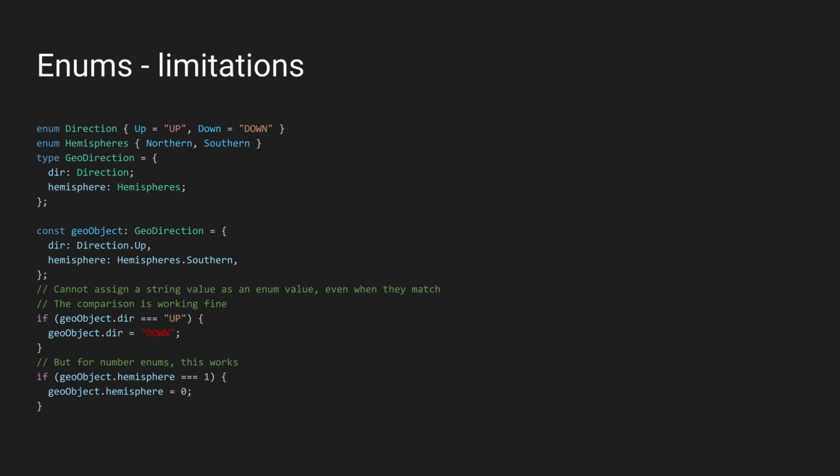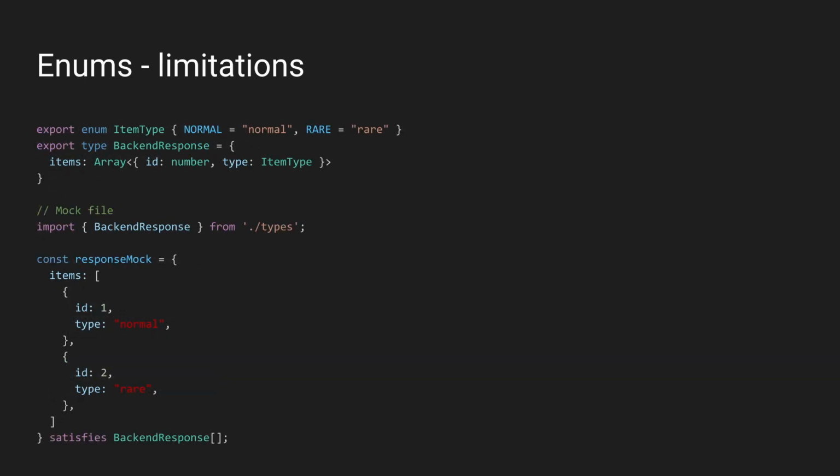Let's imagine that we are using enums to define part of backend API response types. We copy the JSON response from the server to use it inside our unit tests. But TypeScript will complain about the values, as copied strings cannot be assigned to enum values. We will be forced to replace, every time, proper string responses with corresponding enum values.